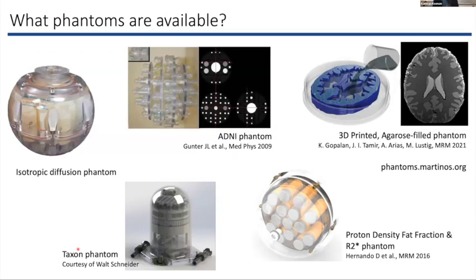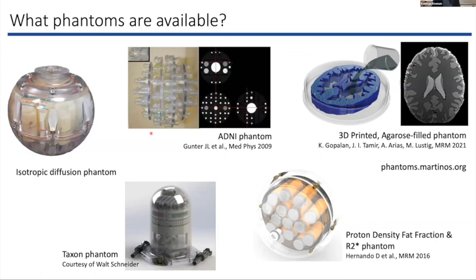So what phantoms are available? I'm happy to discuss offline with anybody what might be appropriate for the work that they want to do. But the number of high quality stable phantoms has really expanded over the last decade. So the ADNI phantom and the FBurn phantom were early stable phantoms.